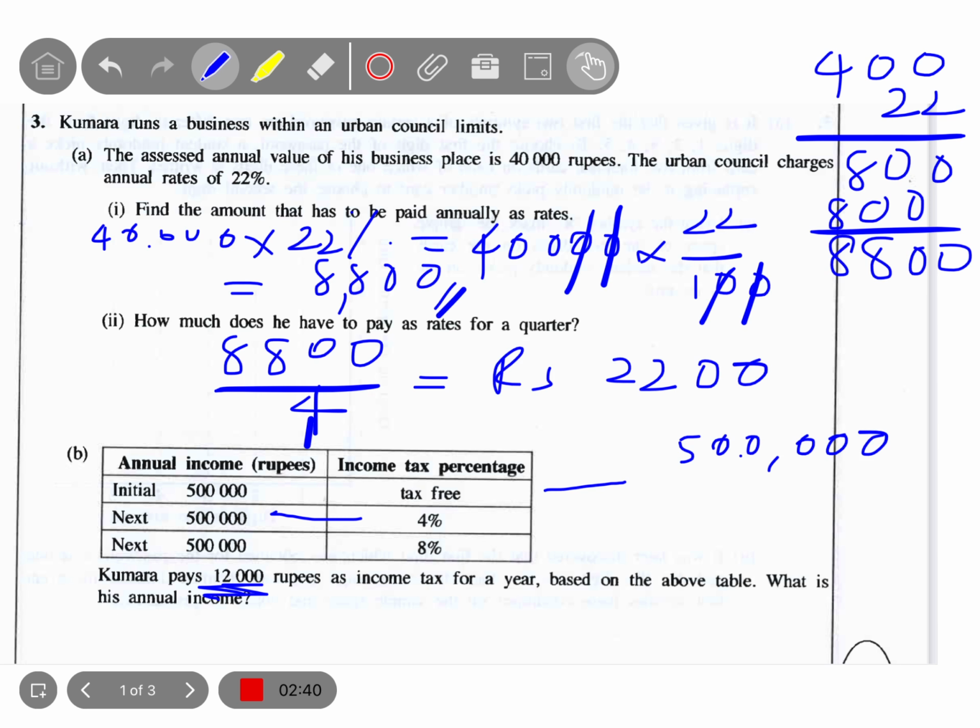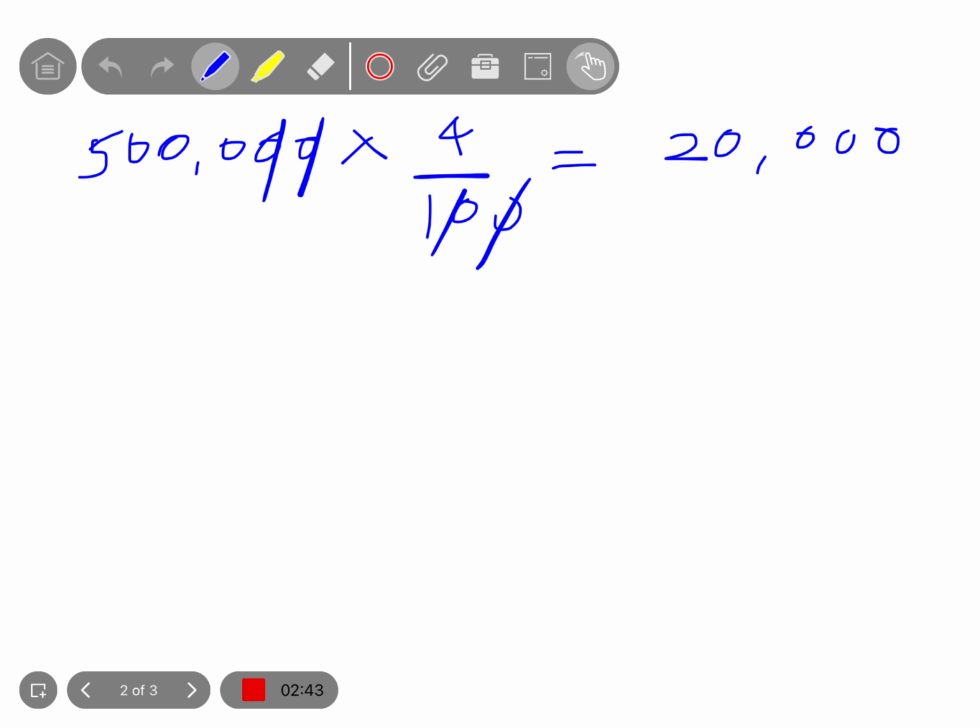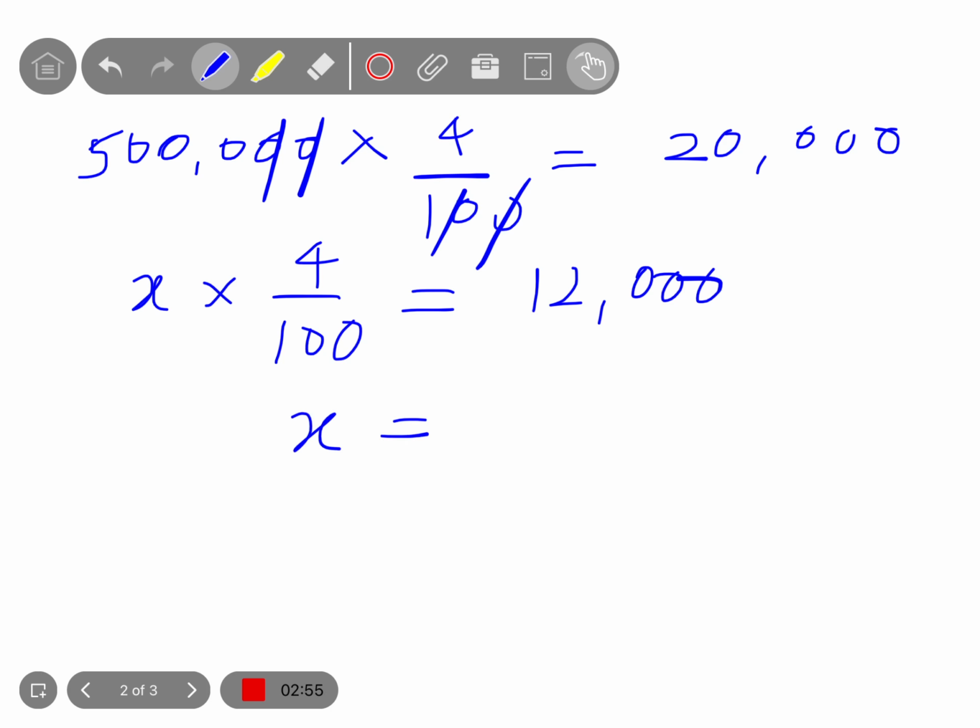So to find that value, we have to say that we find that value as x and then tax it at 4%, and this value should be 12,000. This is how you calculate that. So what should that value be? To find that, you have to take this value to the other side.